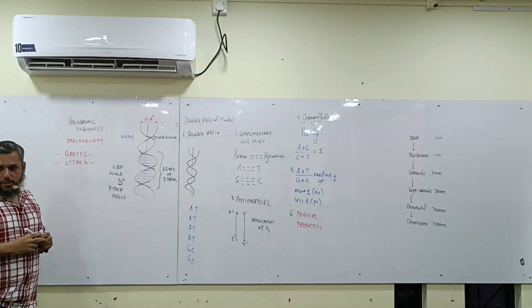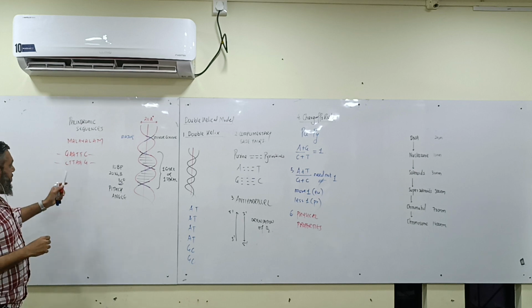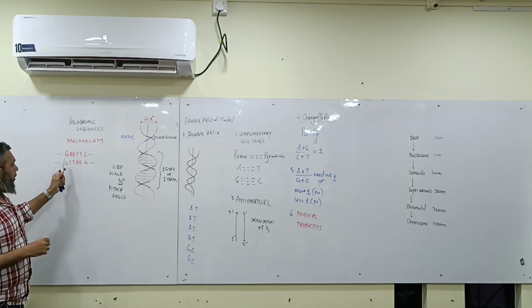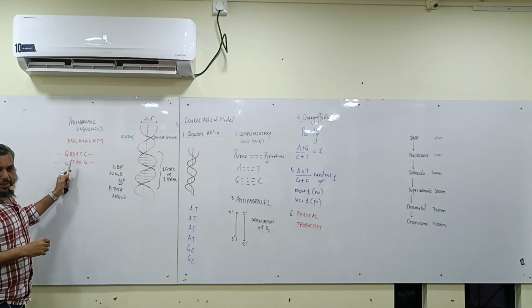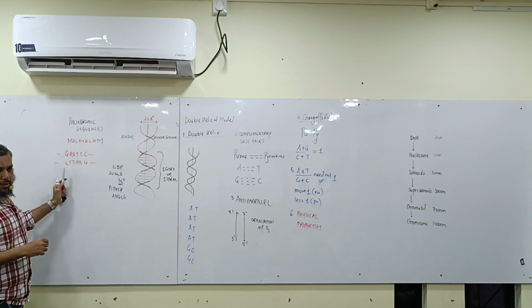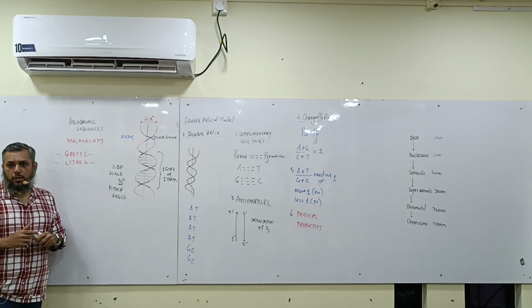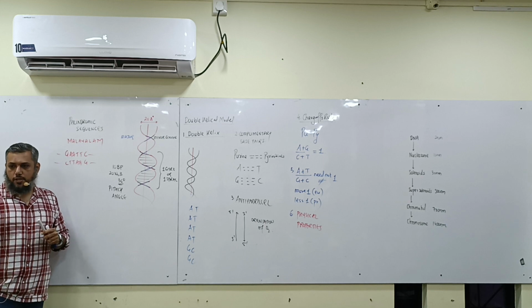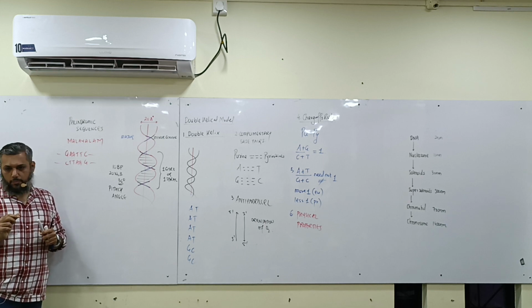Read this sequence from 3' to 5'. G A A T T C. Read it from 3' to 5'. G A A T T C. So such a sequence is called a palindromic sequence. Got my point?